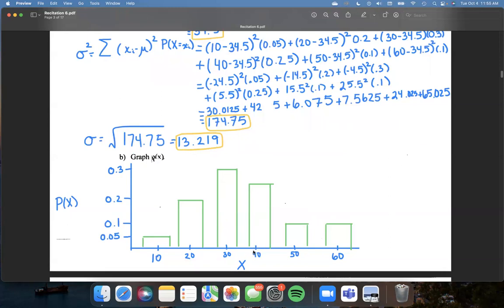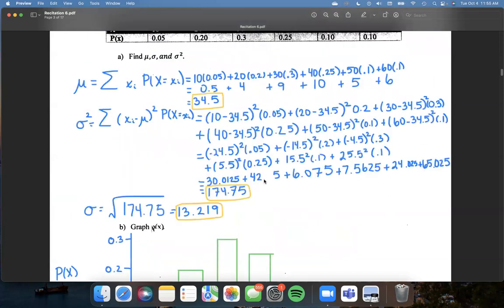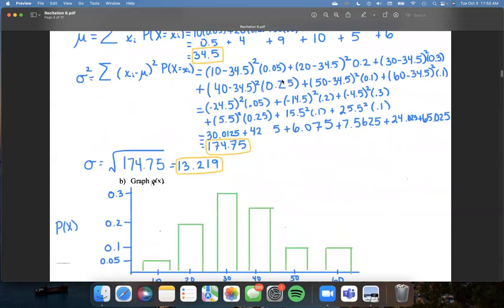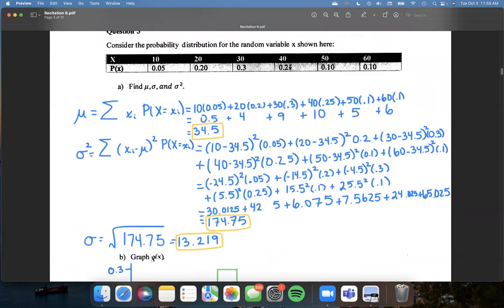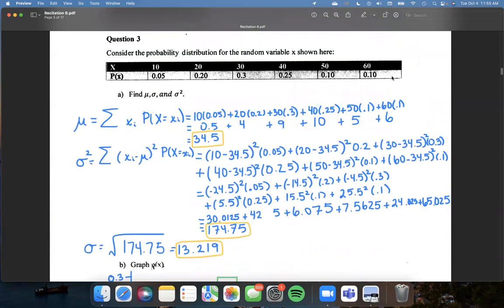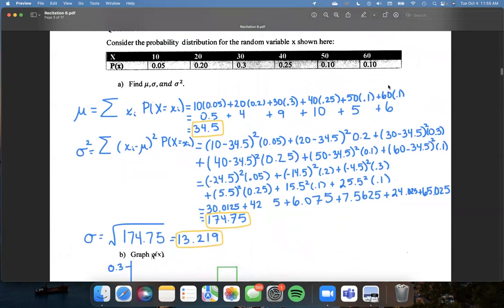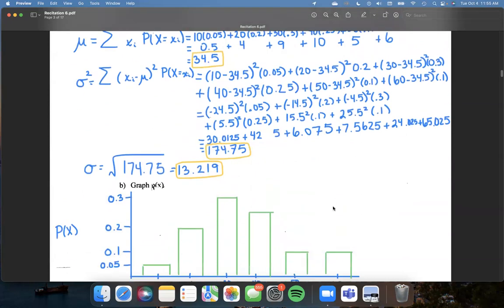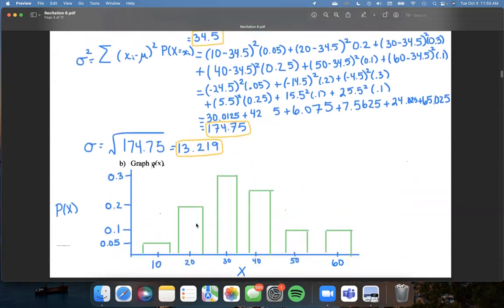The probability that x equals 40 is 0.2. Sorry, did I say 30? The probability x equals 40 is 0.25. And then the probability of x equals 50 is 0.1. And then the probability that x equals 60 is 0.1. So you'll get a graph that looks something like that.